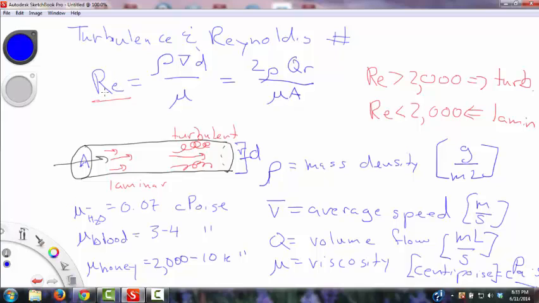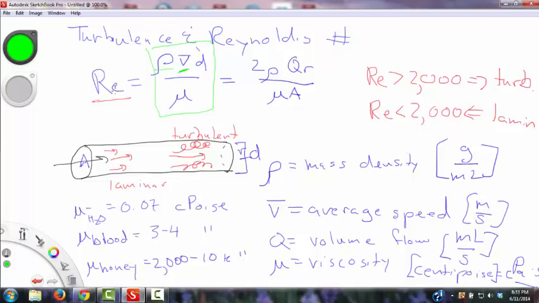So how can this Reynolds number change in a normal biological system? You've got a few parameters up here that can change, and for convenience, let's just go with this formulation of the Reynolds number equation. The mass density could change some, but probably not a whole lot. Velocity can change if your heart starts beating a lot faster.